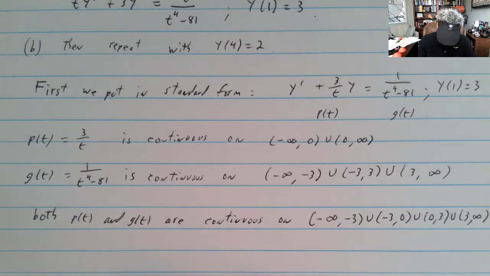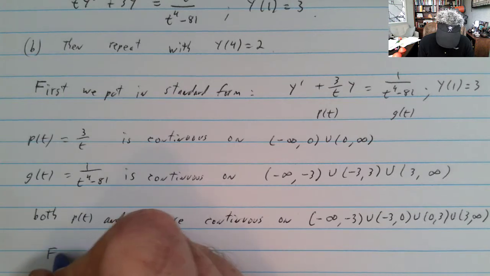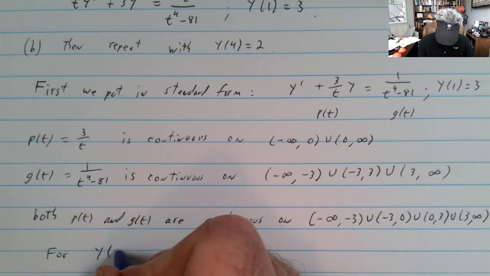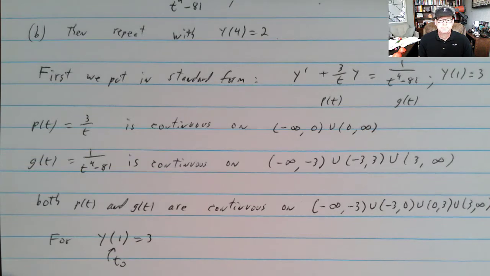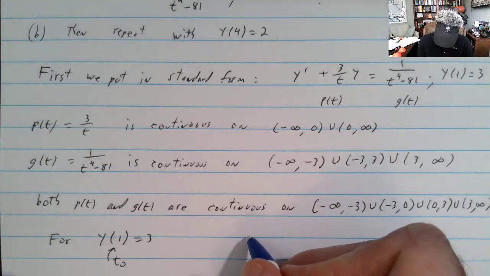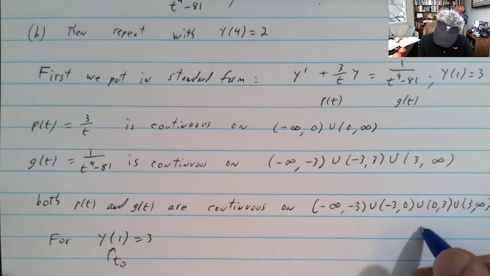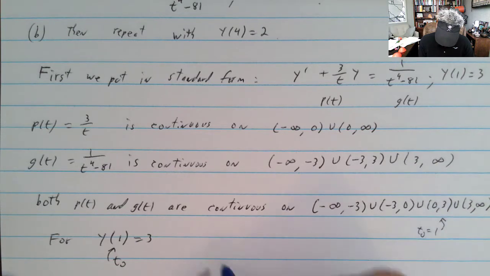So for our initial condition, y of 1 equals 3. That's our t naught, initial condition. Which interval contains that? And that would be this interval. Put it this way, t naught equals 1 is inside that interval.